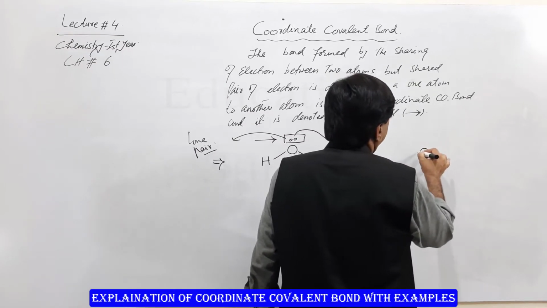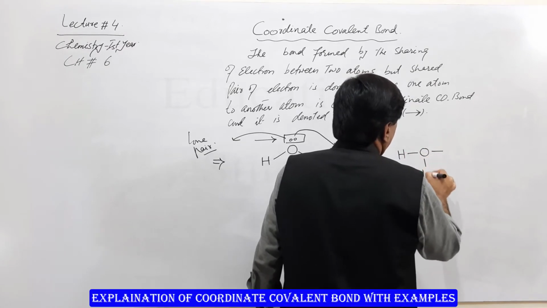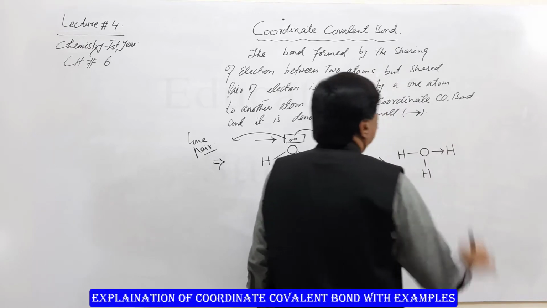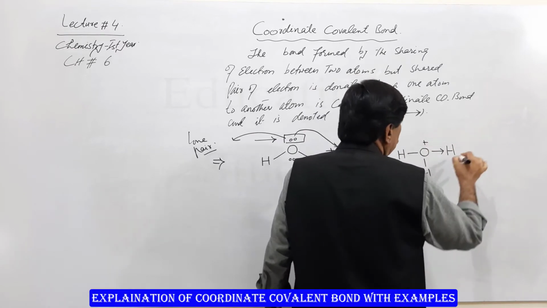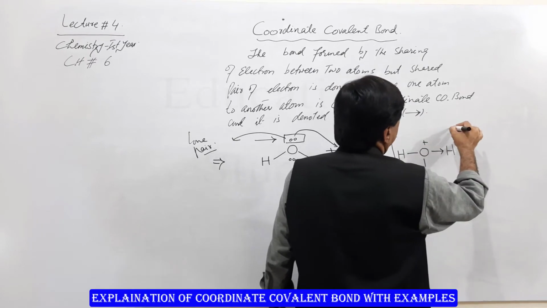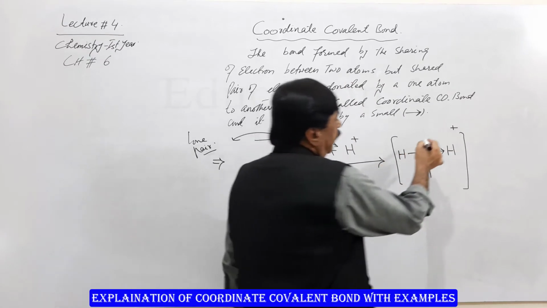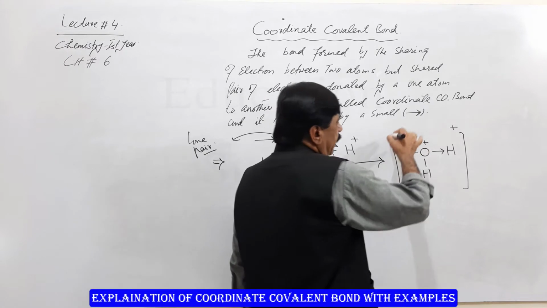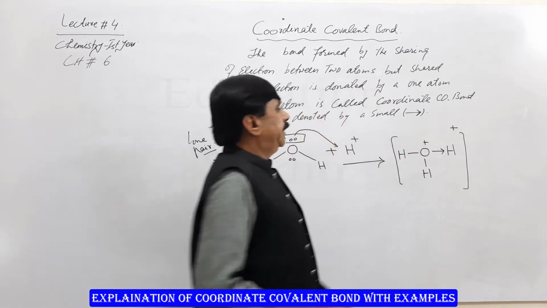the hydronium ion. That is the hydronium ion, and overall the ion acquires a positive charge. I have put the positive charge on the oxygen, but also on the whole of the ion.